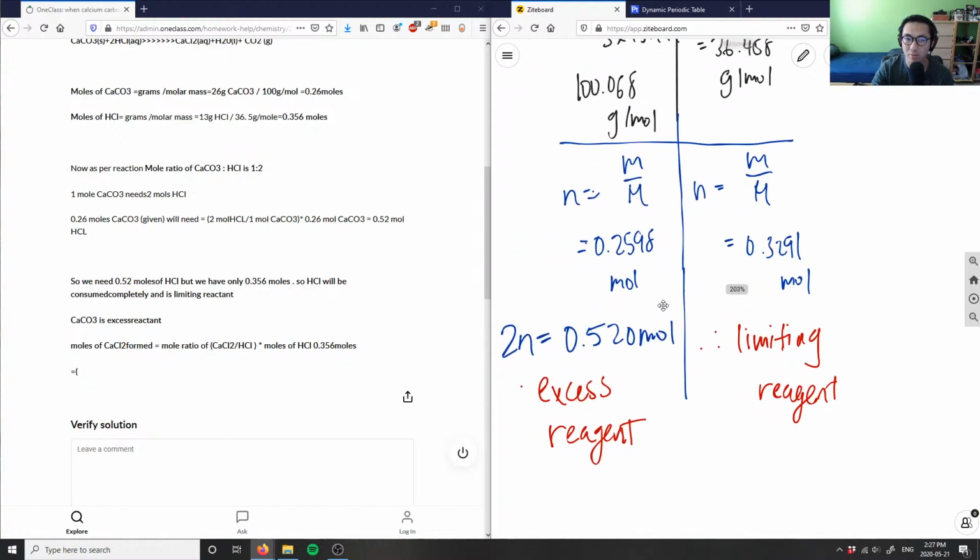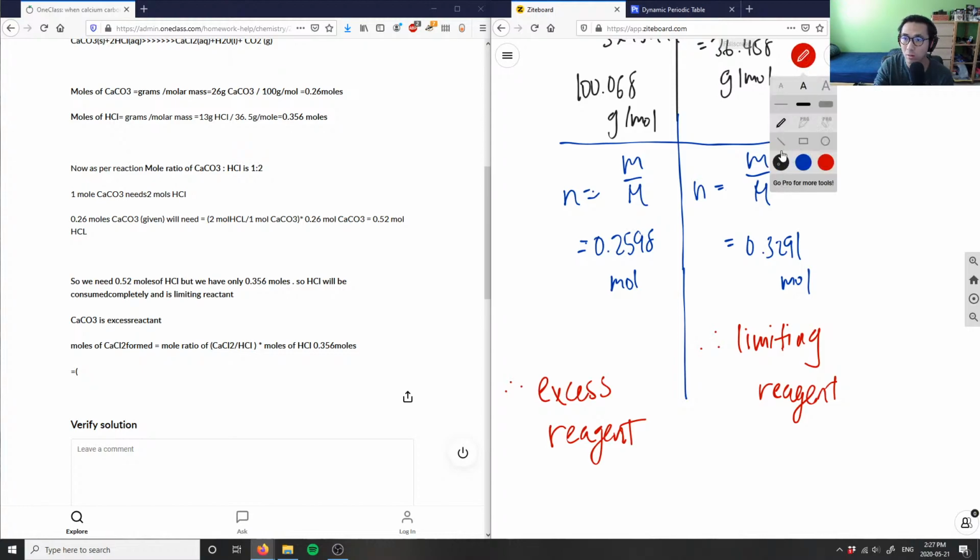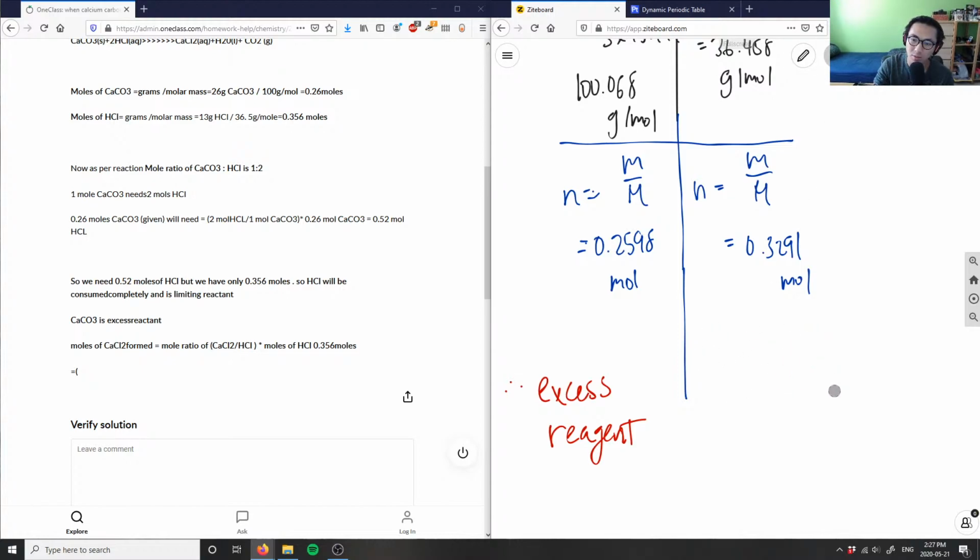So let me redo this. I don't really like what they did here because it doesn't actually help us go into our solution. So we know that this here is excess and this here is limiting. However, if I want to multiply this guy by half, to get per mole of my hydrochloric acid here, I'm going to divide this number by 2. It's still going to be a limiting reagent.